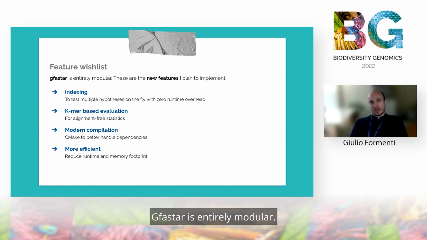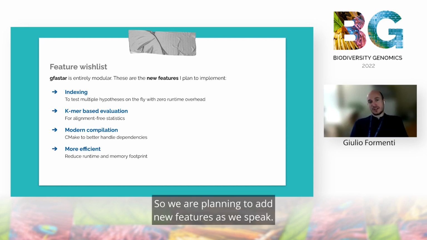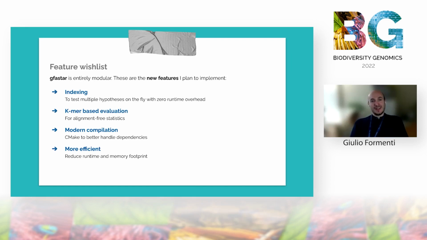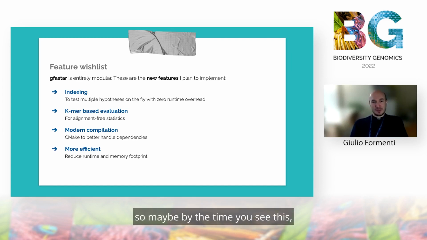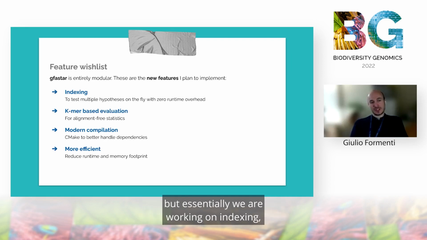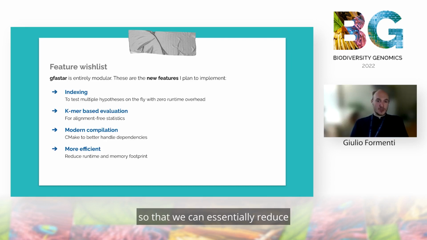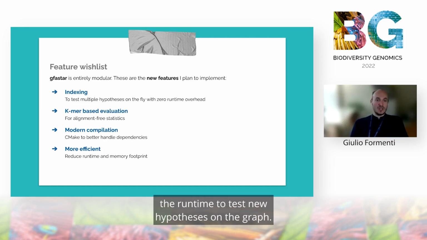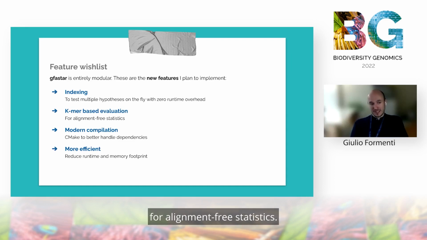Gfastar is entirely modular, so we are planning to add new features as we speak. This has been pre-recorded, so maybe by the time you see this, some of these features will already be implemented, but essentially we are working on indexing so that we can reduce the runtime to test new hypotheses on the graph. We would like to implement k-mer-based evaluation for alignment-free statistics.